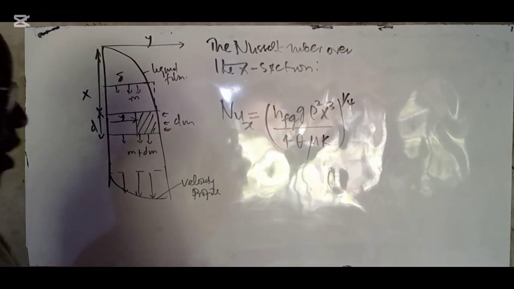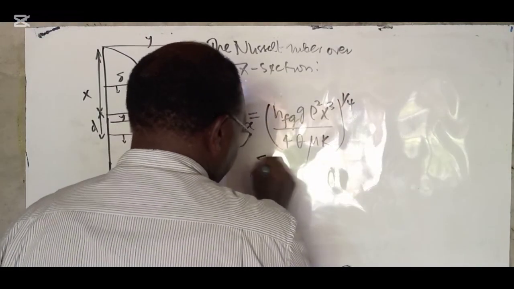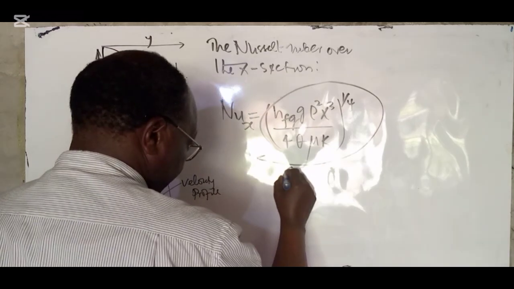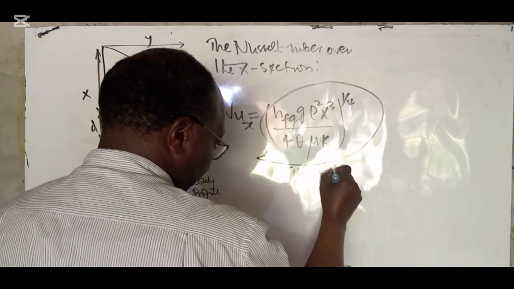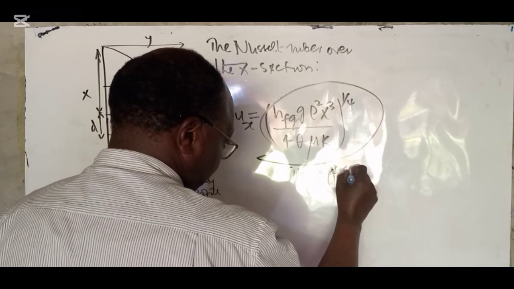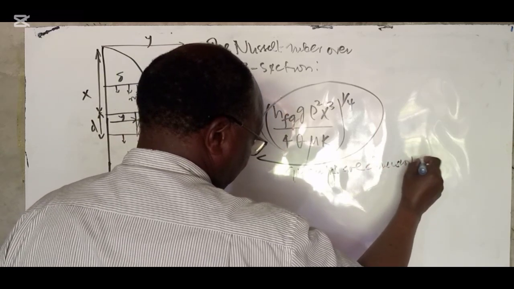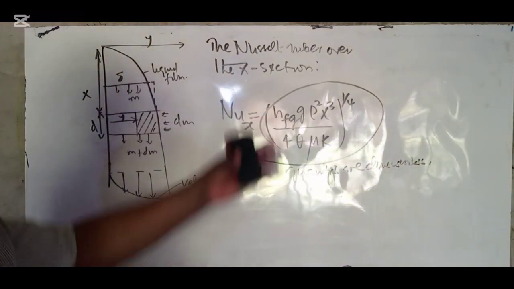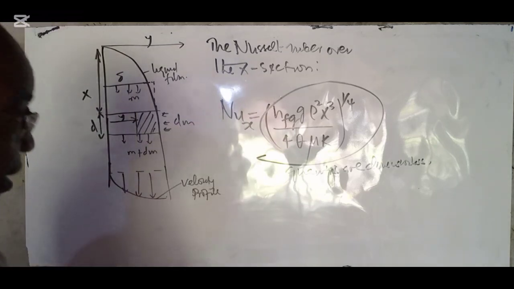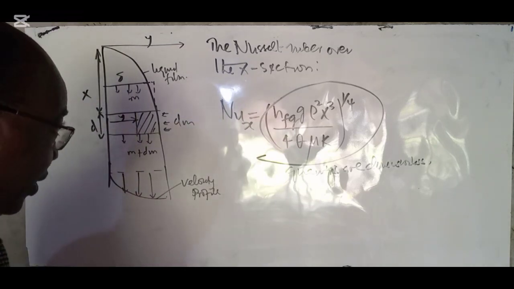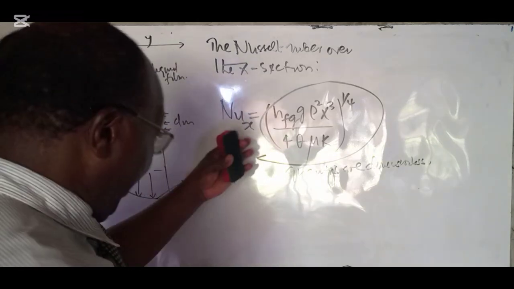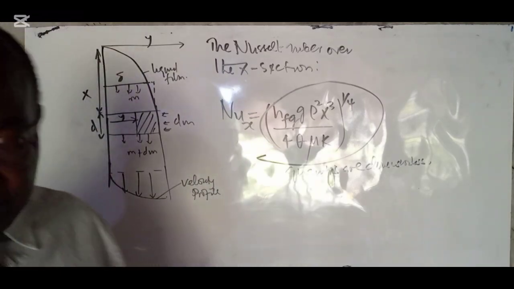And these quantities are dimensionless. That was the Nusselt value over the x section.